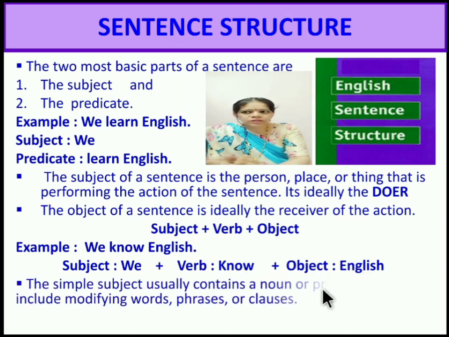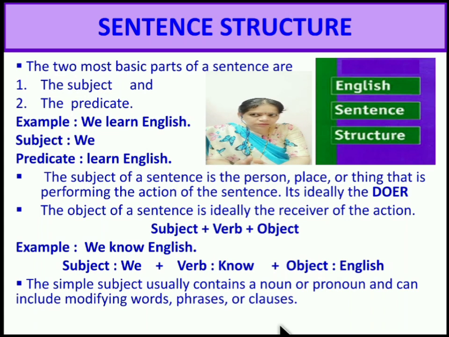The simple subject usually contains a noun or pronoun and can include modifying words, phrases or clauses. What do we mean by this? When we refer to the example, we know English, "we" itself is the subject.